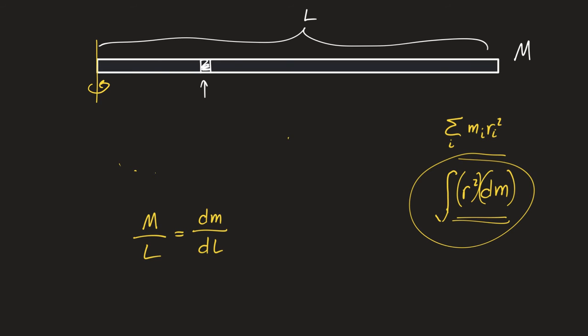So I know you don't know what that means yet, but I'm gonna help you with that. First, I need to create a variable that tells me where this piece of mass is. And it has to be a variable that I can use to describe where the first piece is and where the last piece is.